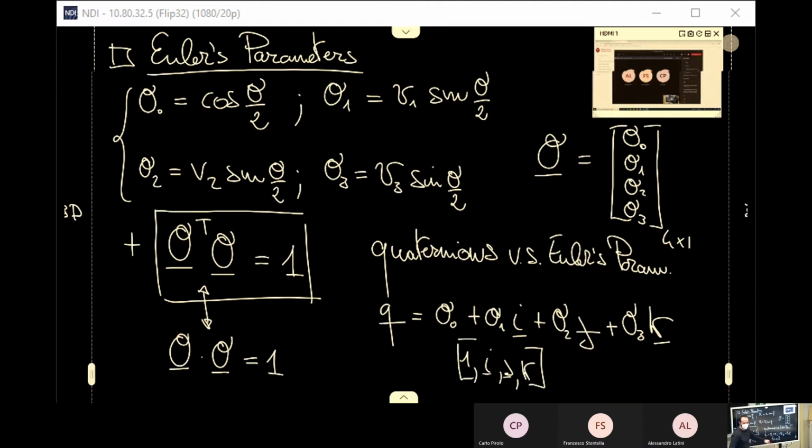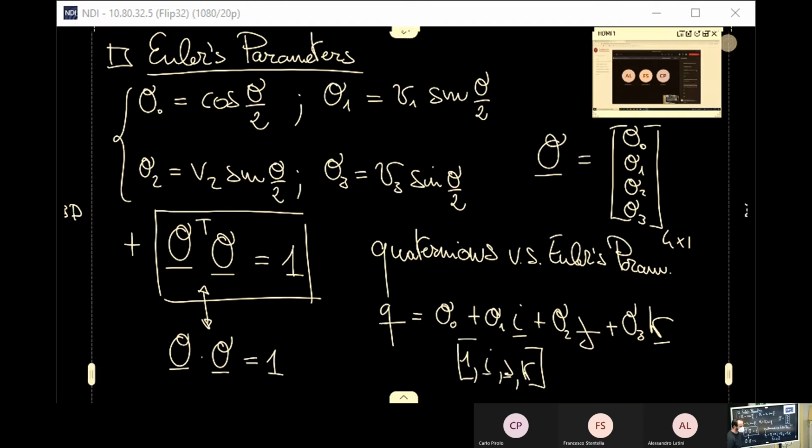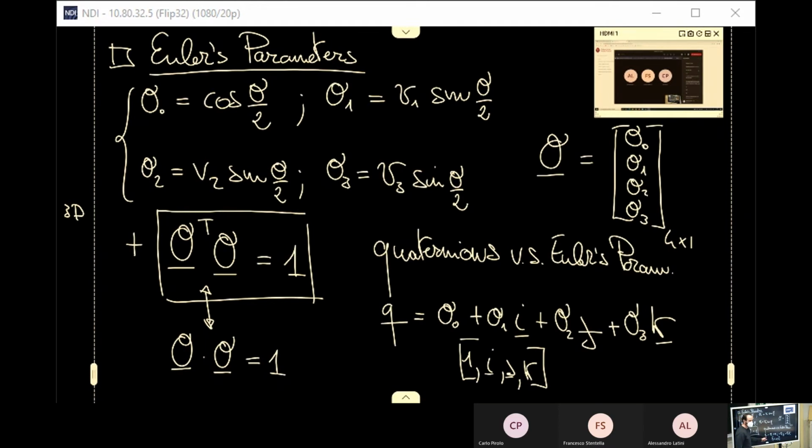These are the base vectors. This is a vector, of course, and a scalar, which define the space of quaternions. And this basically relates the quaternions to the Euler's parameters.